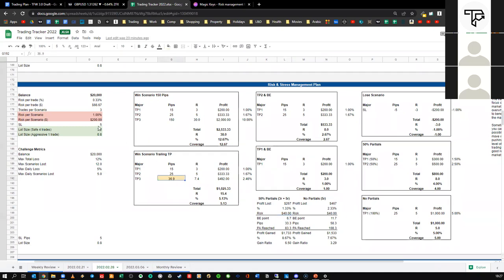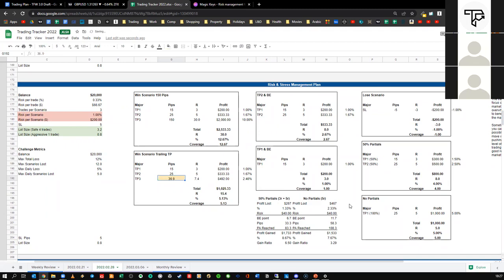I'm using a 5 pip stop loss, so if I do this times this, in theory, it should work. Have I done that right? So that's not quite worked, but let's just do it manually.